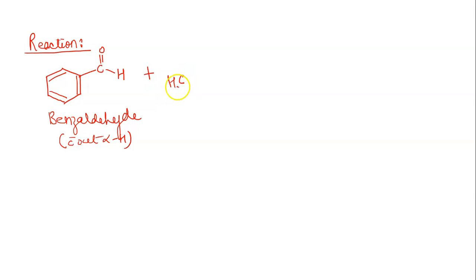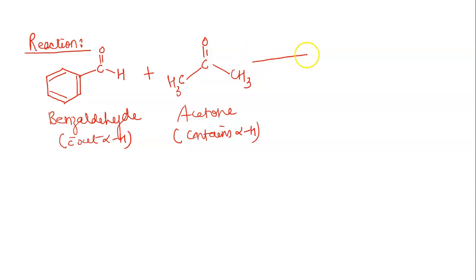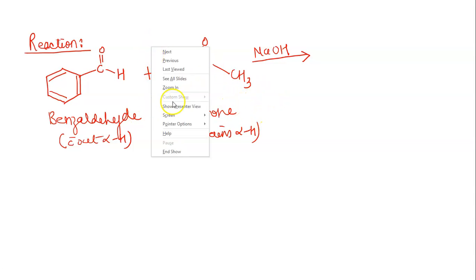And the second one, I'm choosing a ketone for the reaction. So let's go with acetone. And we can see that the second compound contains alpha hydrogen. Now these two will react with each other in presence of a basic medium, and it will form the product. So what is the product? So I'm going to give you a tip to form the product.